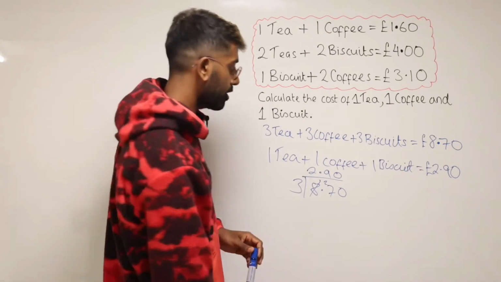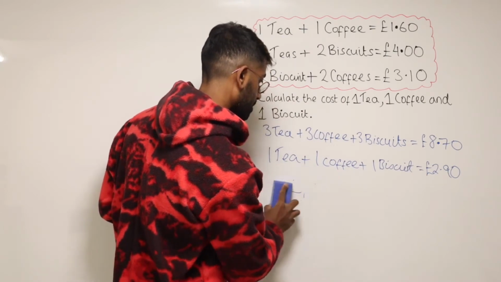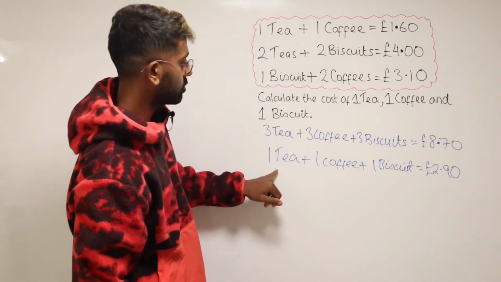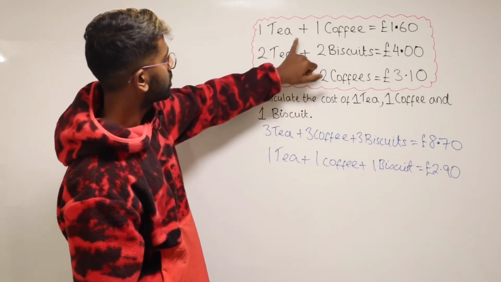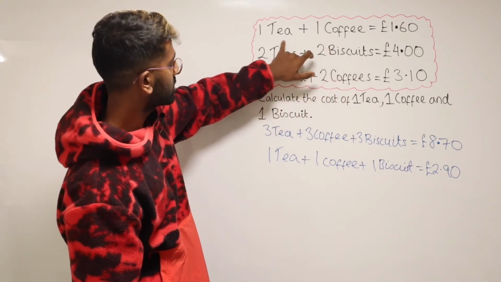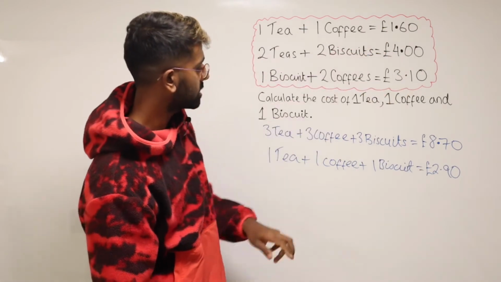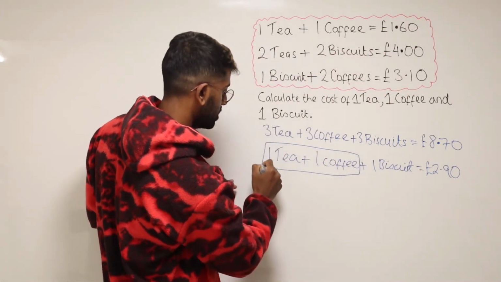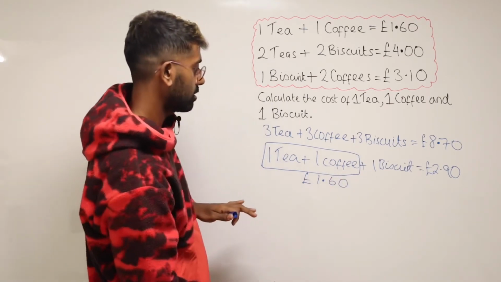But now can we go further? Well, if we just rub this out, we've just learnt the price of all 3 items added together. And now look what they told us in the very first line. They told us that a tea and a coffee is £1.60. So that means these 2 items over here, the tea and the coffee, are worth £1.60.